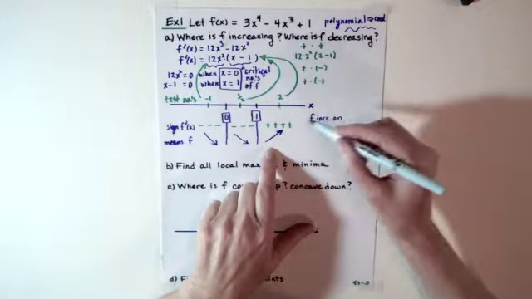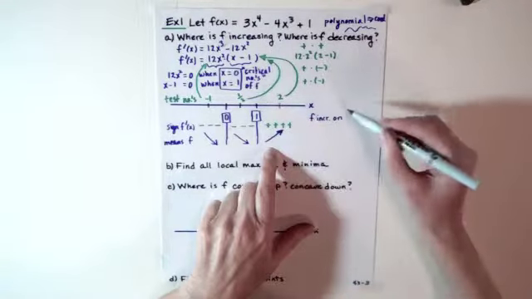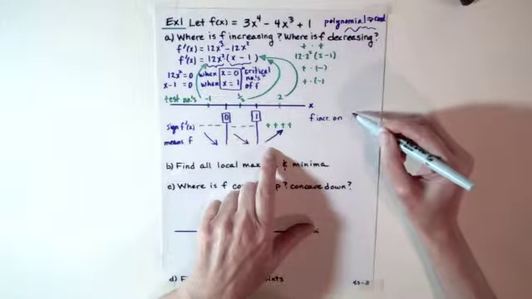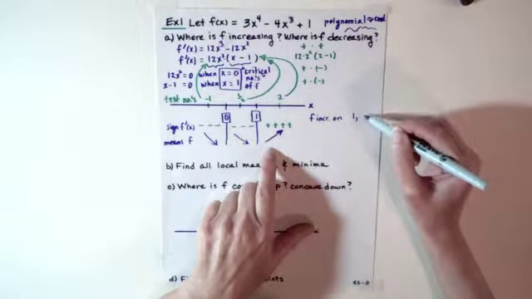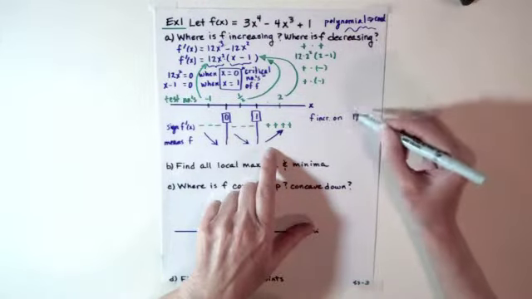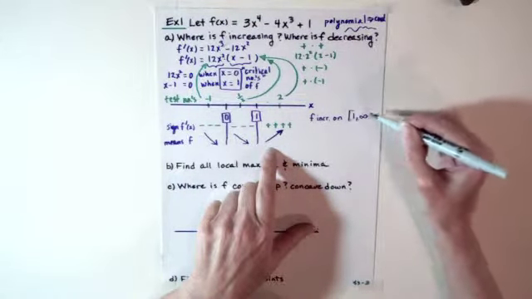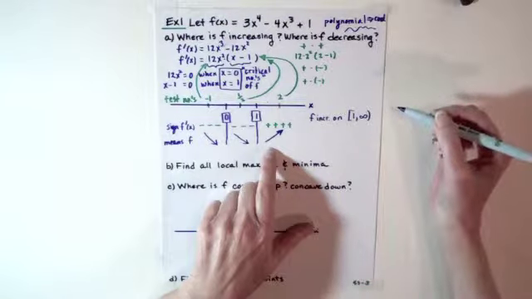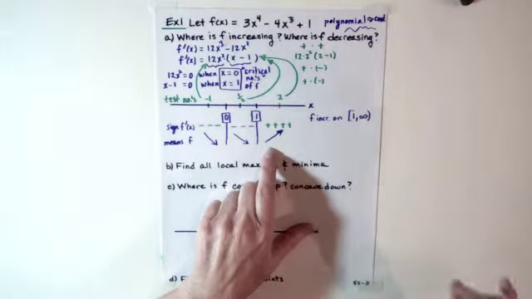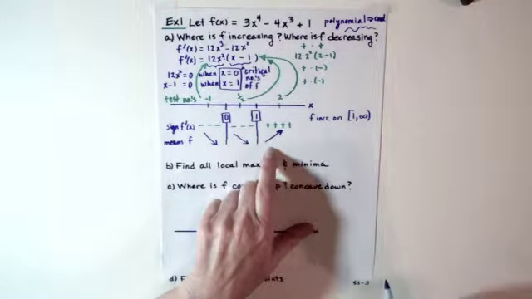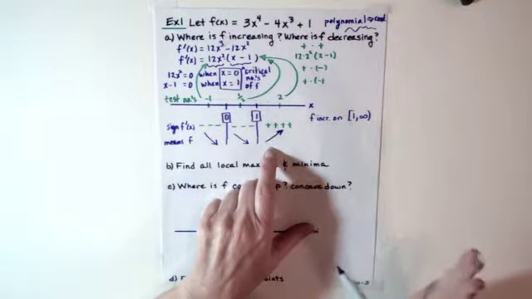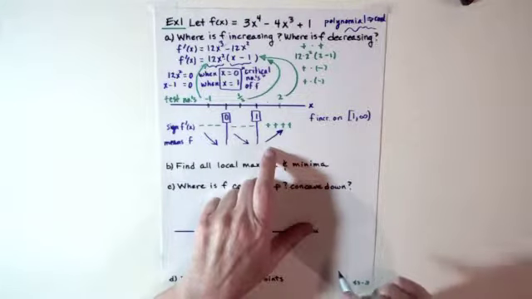And remember that we said that for an interval of increasing, you could put a rounded parenthesis here and say from 1 onwards up to infinity, but it's technically more correct to put a square bracket there, and that's because of that technicality about how we define a function being increasing on an interval rather than at a particular point. If you put a rounded parenthesis there, I think that will be okay. It depends on how picky your instructor is. For my students, it would be okay.